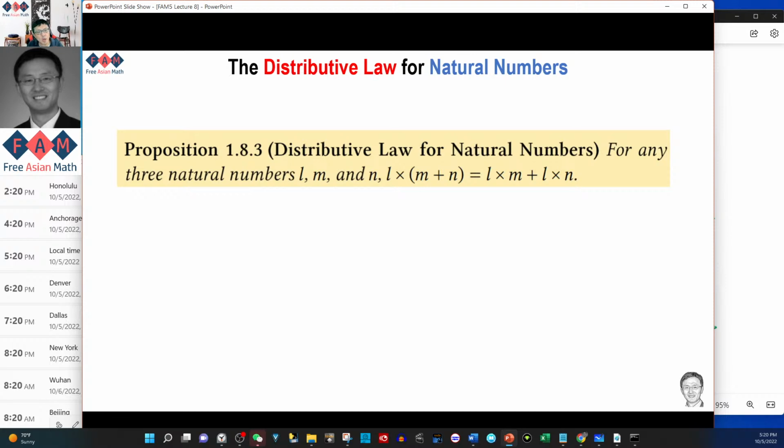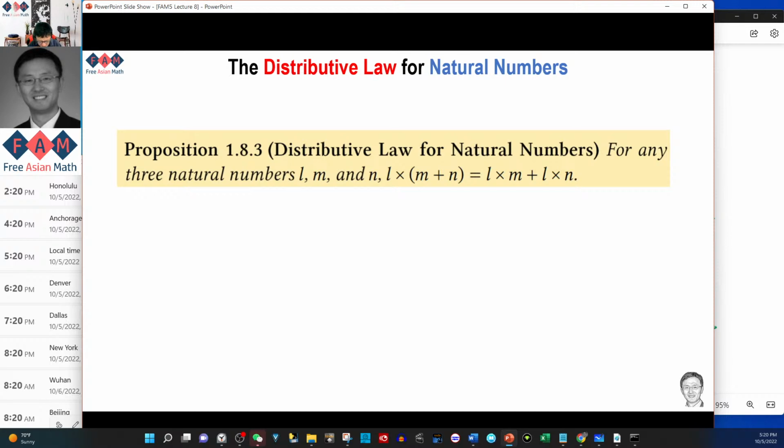But this law does need both addition and multiplication. It's actually the only arithmetical law that connects the two fundamental operations, addition and multiplication. When you learn higher algebra, you will see that, as I mentioned earlier, addition and multiplication are the two basic essential operations in such algebra.